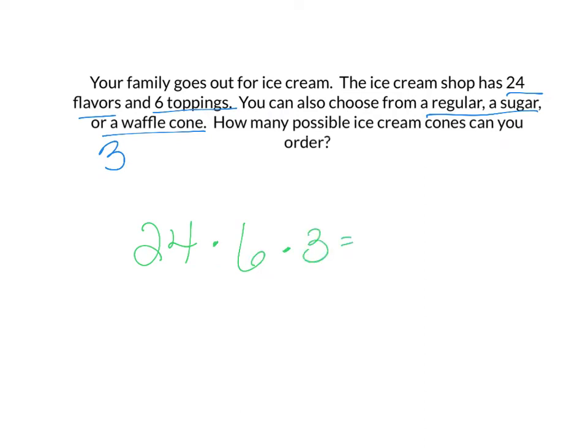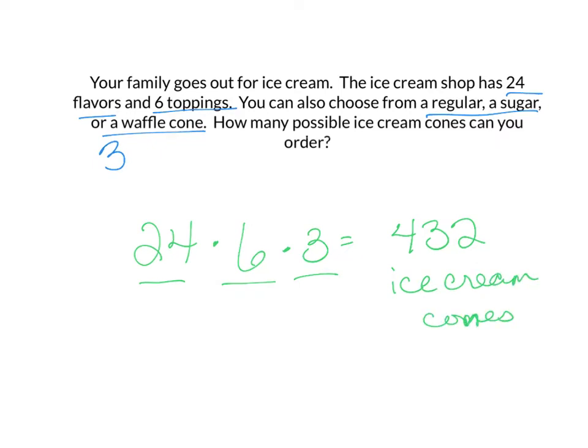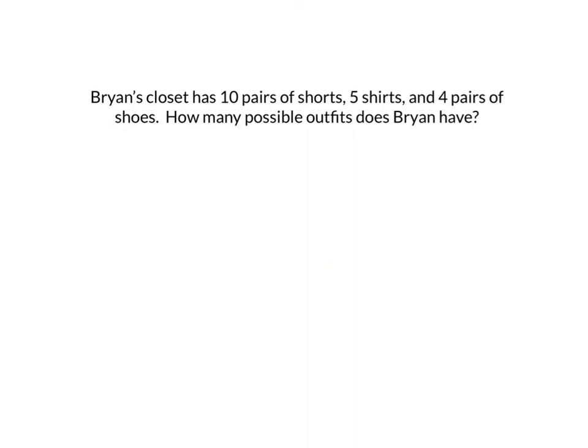If we put that into our calculator, 24 times 6 times 3, my calculator says 432 possible ice cream cones. Oops, and let's double check that. 24 times 6 times 3, yep, 432. That's it. You're just multiplying all your possibilities times each other.